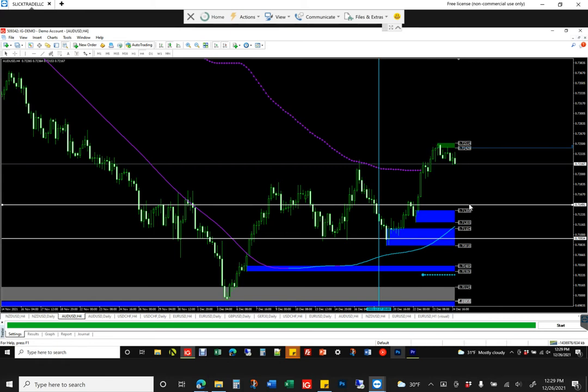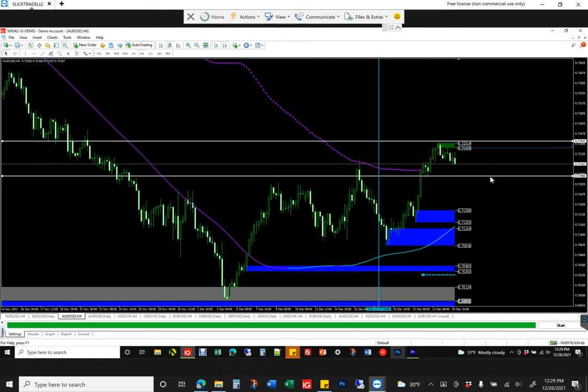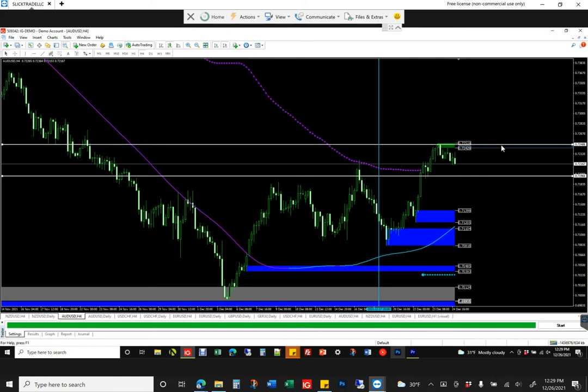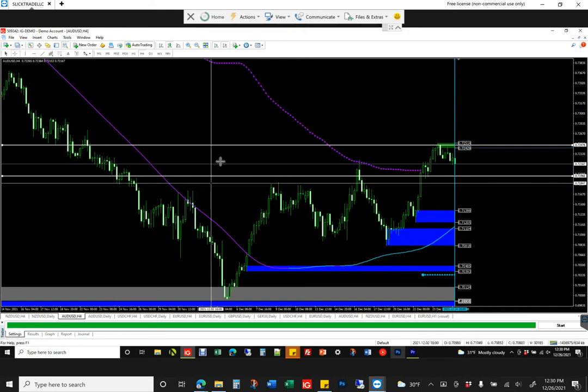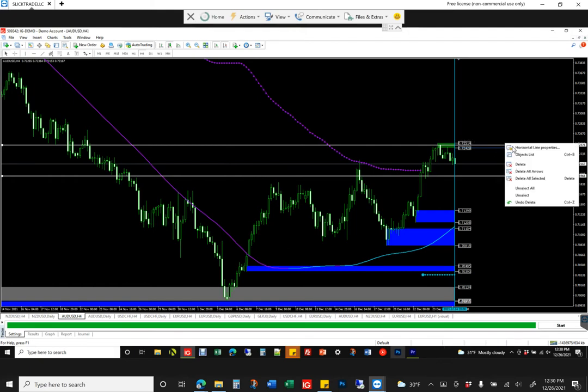For the upcoming week, right here's a pretty solid support, and here is pretty solid resistance level. Let's go ahead and move this here. Let's make sure we're within our 50 pip range. 49, so pretty perfect there.